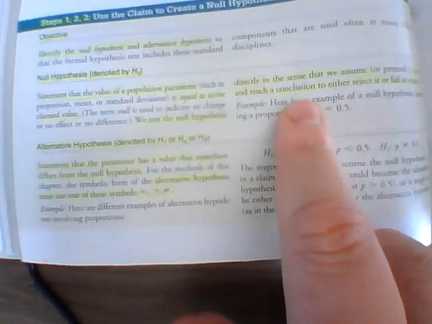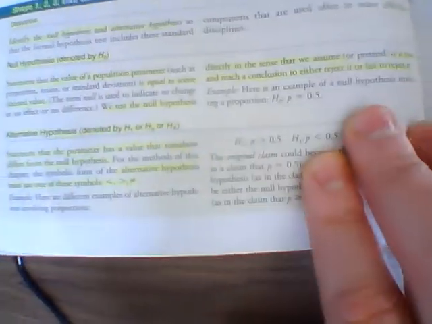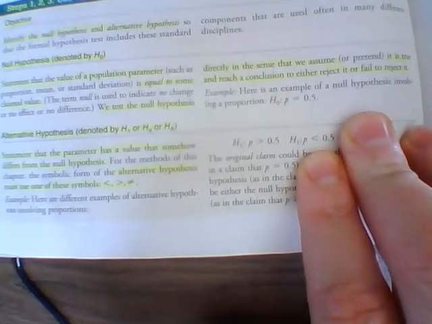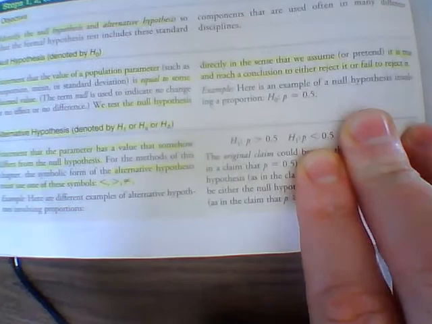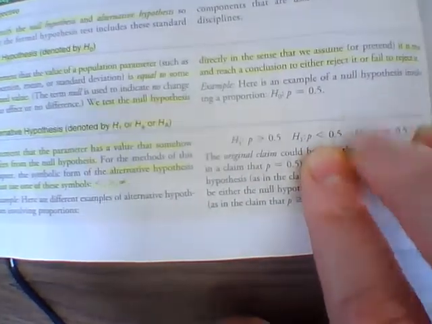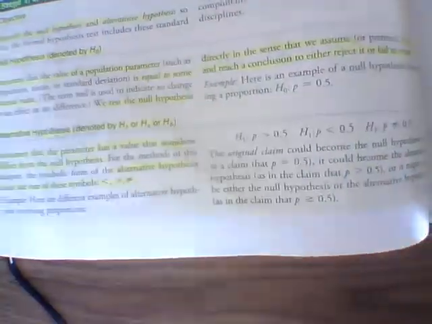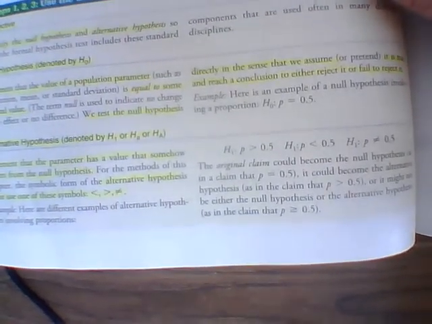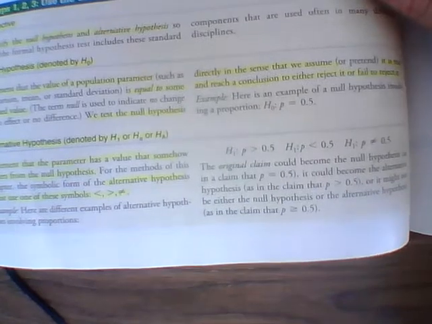Now, it doesn't mean that it's a claim we're testing, but we do test the null hypothesis. So we test the null hypothesis directly in the sense that we assume it is true. And then we reach a conclusion to either reject or fail to reject. Okay, so basically we're going to assume that this null hypothesis is true, and then we're going to test towards it.